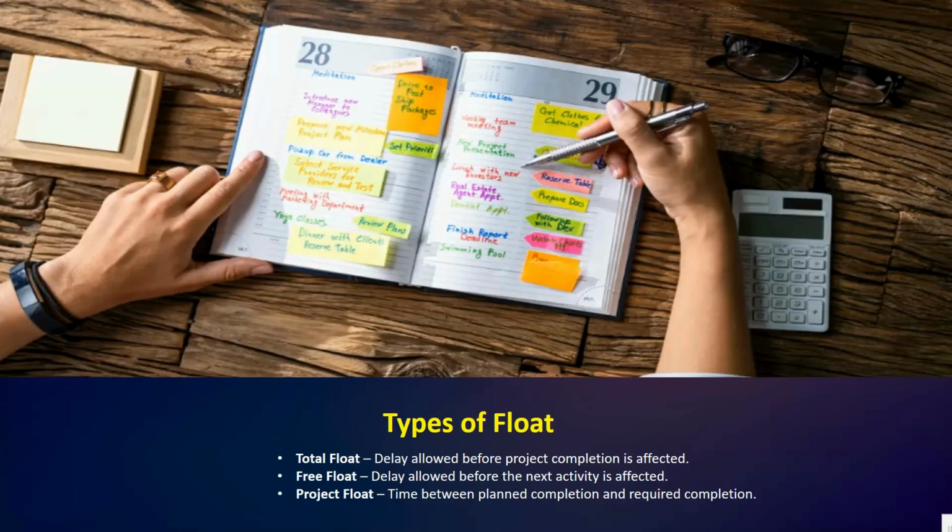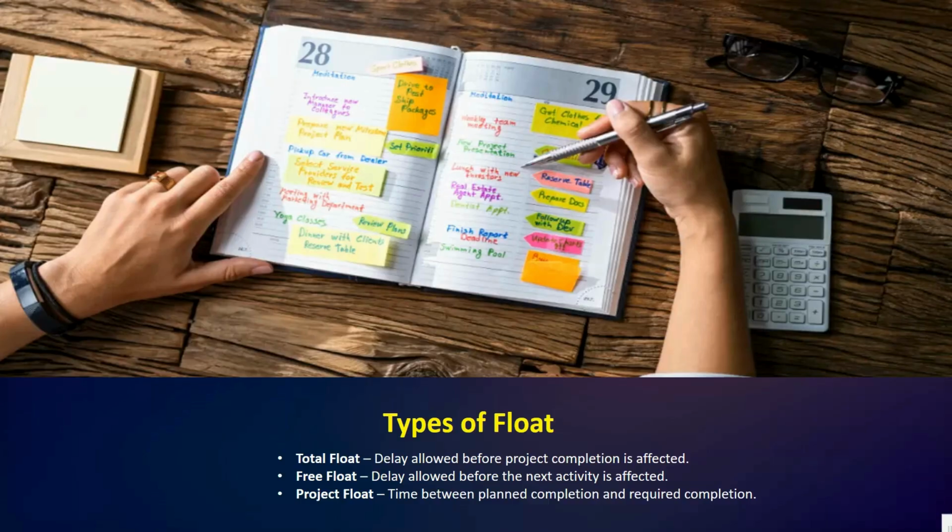Here we have the types of float. There are mainly three types of float we consider in scheduling. The first is the total float, the time an activity can be delayed without affecting the project completion date. Second, we have free float. This is the time an activity can be delayed without affecting the next dependent activity, or you can say the successor activity.